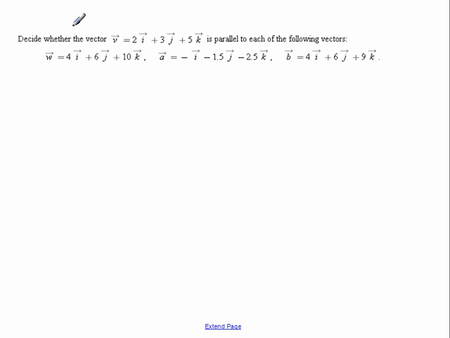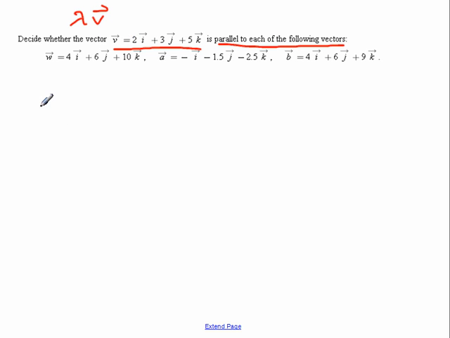Okay. Now we want to decide whether this vector is parallel to each of the following vectors. Well, for vectors to be parallel, each of these vectors needs to be a scalar multiple of v. As long as vectors are scalar multiples of one another, then they are parallel.